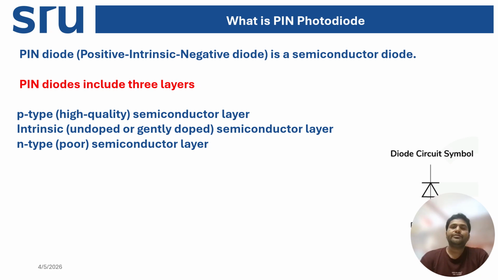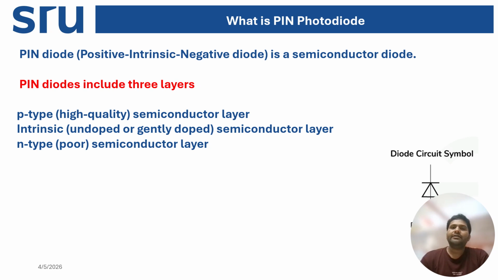Electrons move towards the N region and holes move towards the P region. This movement of charge carriers produces photocurrent, which is proportional to the intensity of light.